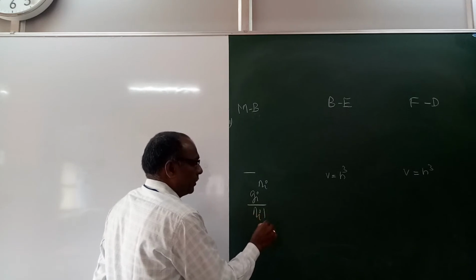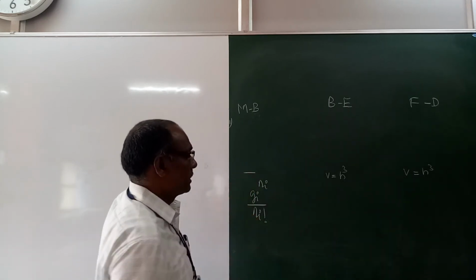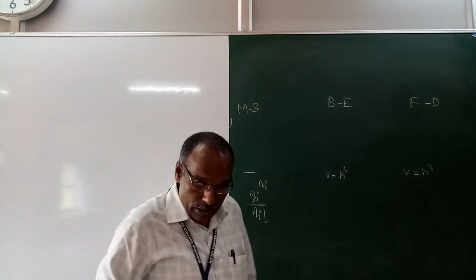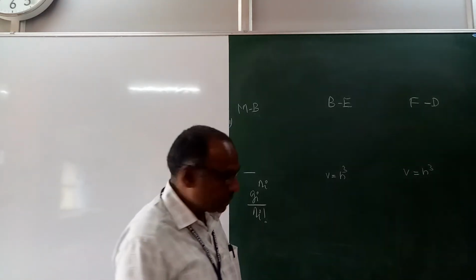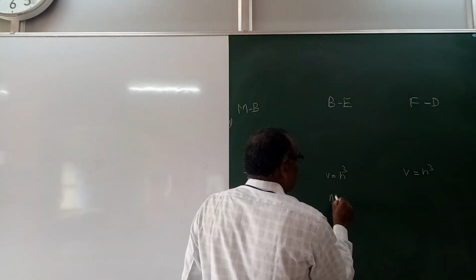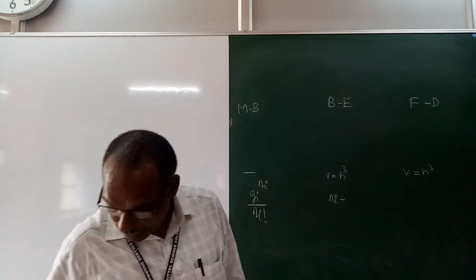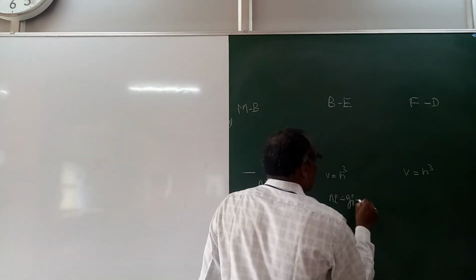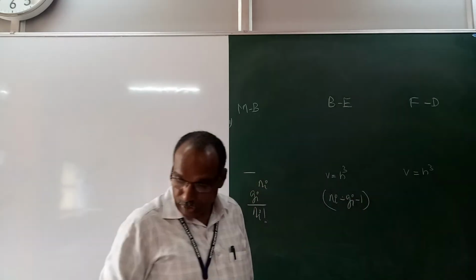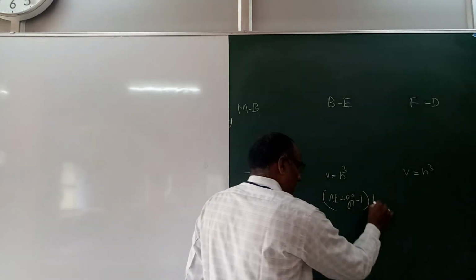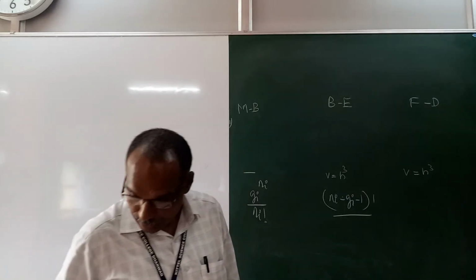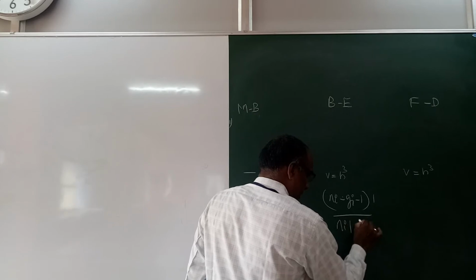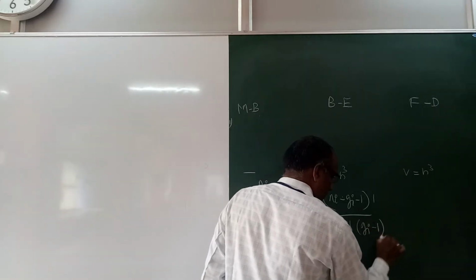For Bose-Einstein statistics, it is Ni plus Gi minus 1 factorial divided by Ni factorial times Gi minus 1 factorial.